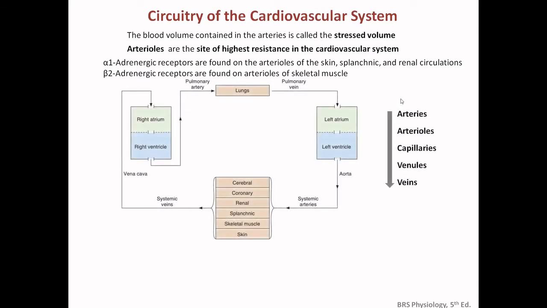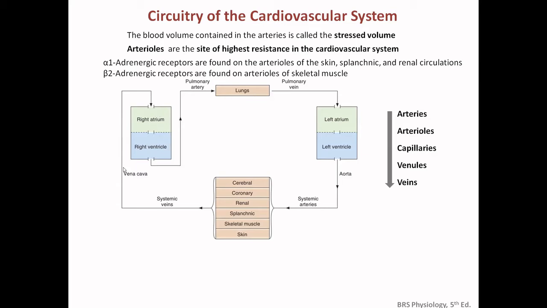the movement of the blood through the blood vessels: the arteries, arterioles, and capillaries, where the exchange of the nutrients and the gases takes place between the blood and the tissues. Then the blood is drained from the tissues by the veins and finally reaches the heart. So this is the right part of the heart.